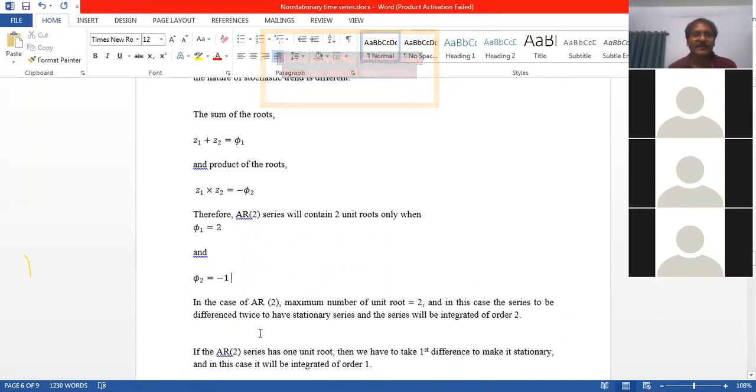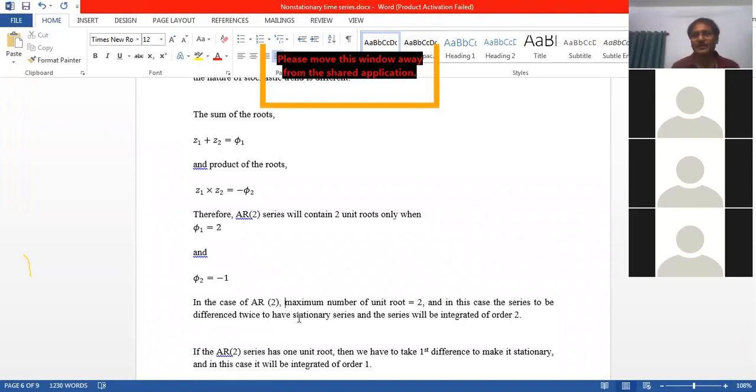So in the case of AR2, the number of characteristic roots is equal to 2. So in AR2, you have the possibility of a maximum of 2 unit roots. So in the case of AR2, the number of unit roots is equal to 2, or 1, or 0.